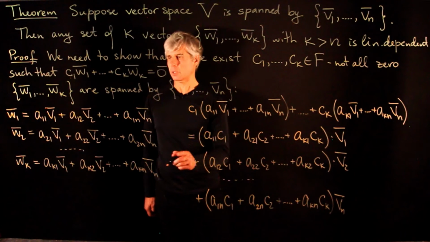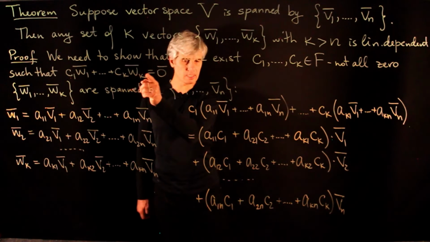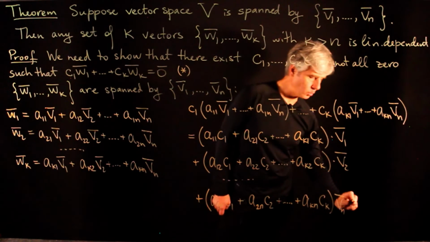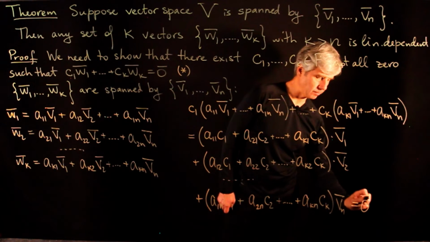And so this is the linear combination on the left, and we want to equate this to a zero vector.